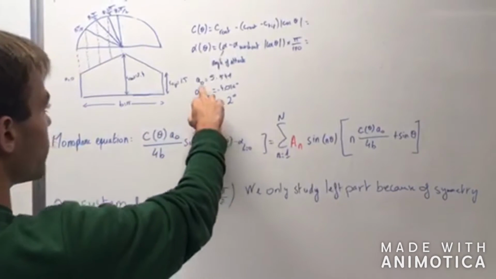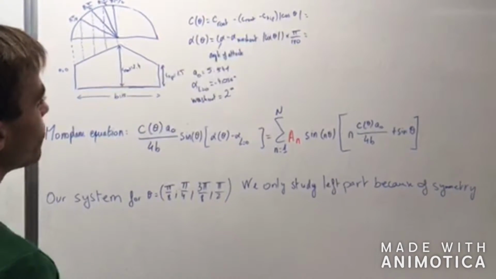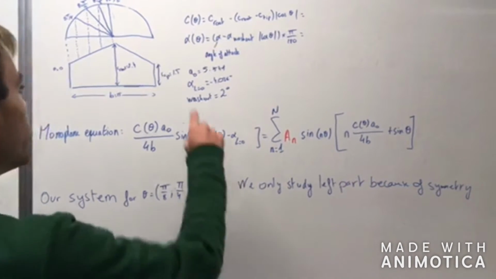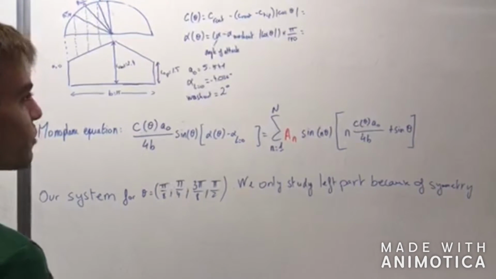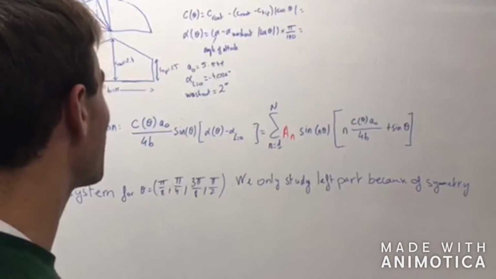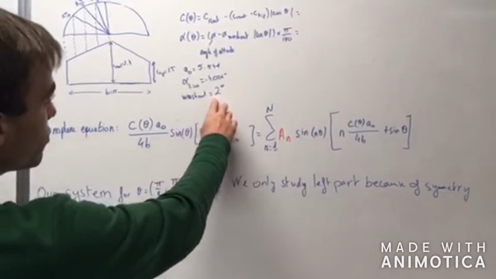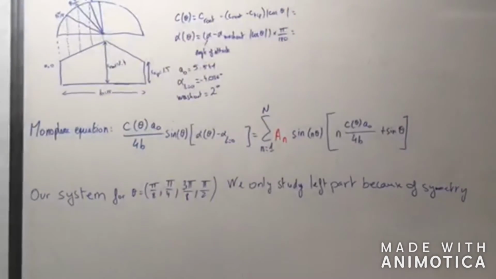Then we have the lift slope A0 equal to 5.541, and also the zero-lift angle of attack equal to -4.036 degrees, and the washout equal to 2 degrees, which will be useful for the angle of attack.